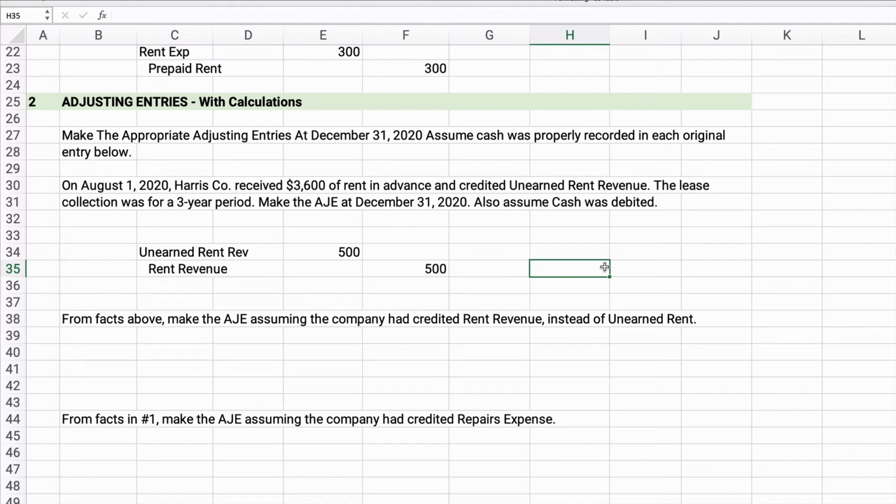All right, the second part of this one says make the adjusting entry assuming the company had credited rent revenue instead of unearned rent. Okay, so let's go back and make sure we know what's going on here.